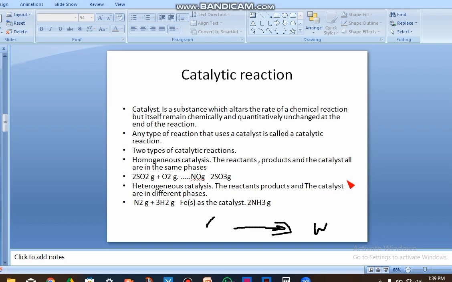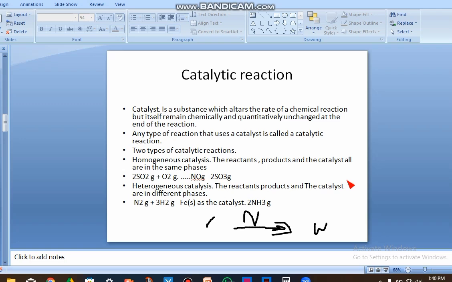In some chemical reactions, you will see a particular element on top of this arrow. Check your textbook, you will see. It can either be an element or a compound. So this element or compound that is on top of this arrow is called a catalyst.